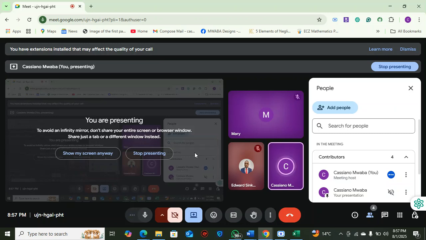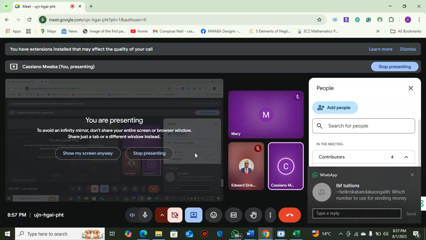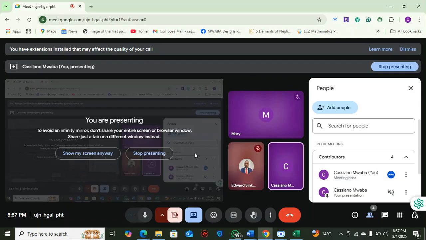Current assets minus current liabilities, you get working capital. Working capital is the one that is used for the day-to-day running of the business.